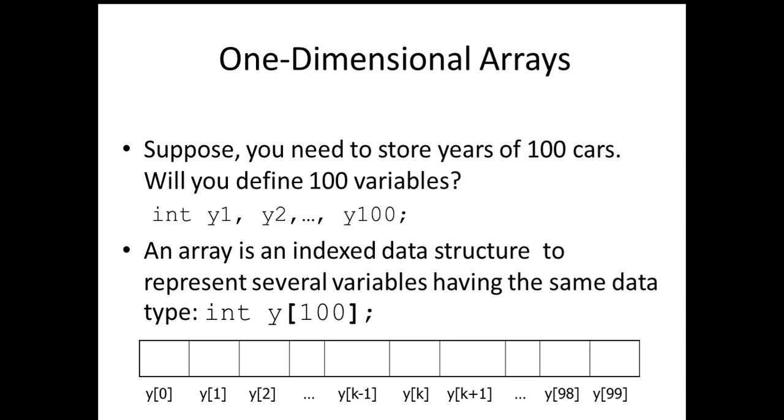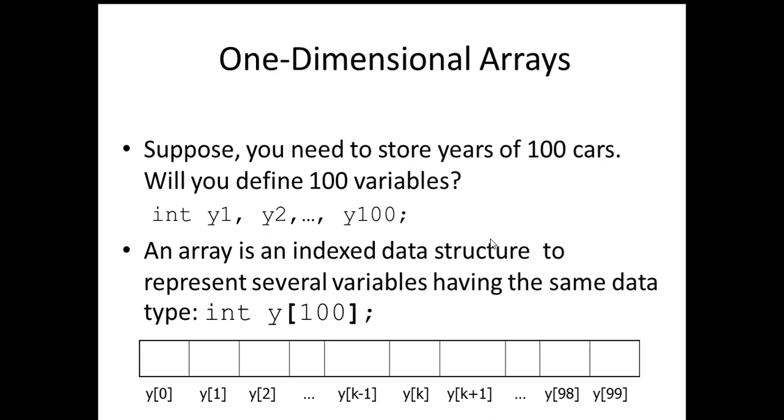All these subscripts will be specified inside square brackets. Those subscripts allow you to specify the variable number. Suppose you want the 98th location, it will be identified with the subscript y of 97.